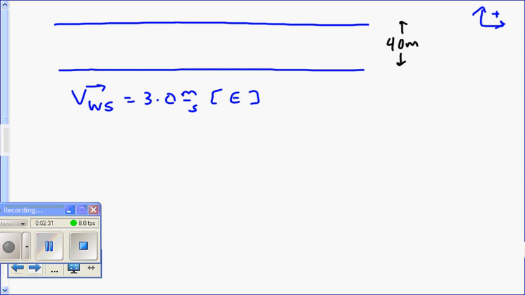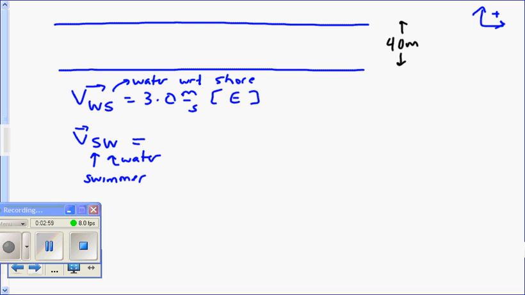We're given how fast Eddie can swim in still water, and that would be the swimmer with respect to water. So swimmer, and that's water. And this one's water with respect to shore.